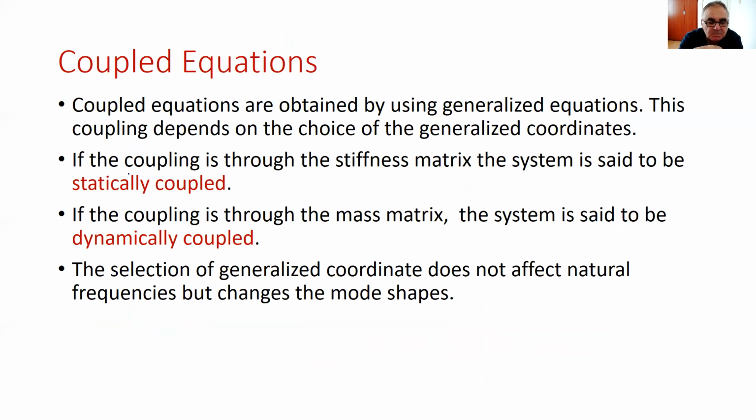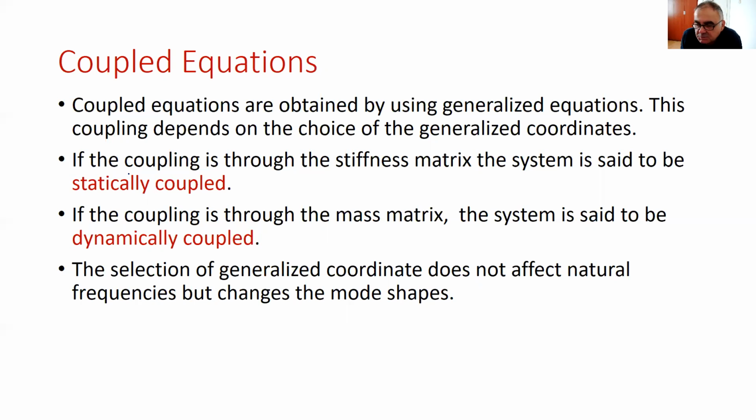But you will have mass and stiffness matrices, as you know. If the stiffness matrix has coupling terms, cross terms in it, it is called a statically coupled system. If, on the other hand, the mass matrix has coupling terms in it, you call it dynamically coupled or inertially coupled.